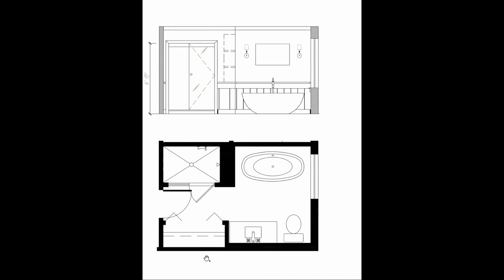So we would have floor plan not to scale and a north arrow down here in the lower left corner. On this elevation, of course, we would make sure that this says elevation of the north wall and of course not to scale.